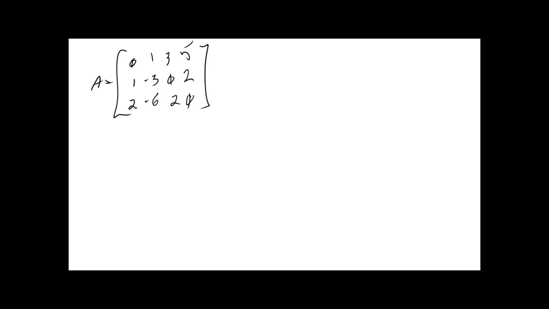What would be the first elementary row operation you would do? Exchange the top two rows. So what elementary matrix would you use to do that?